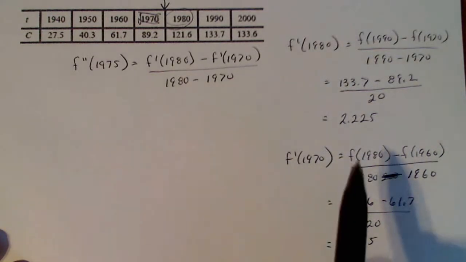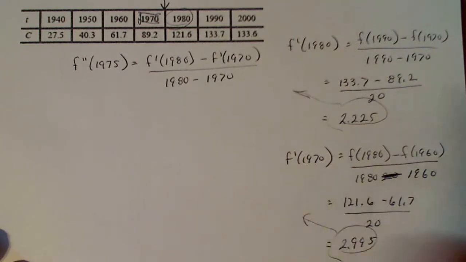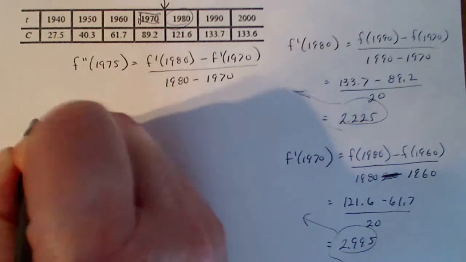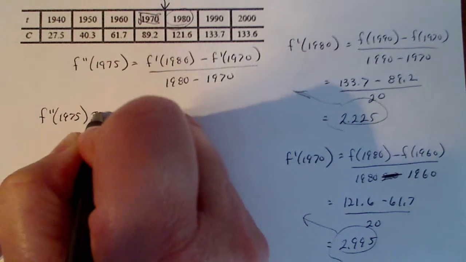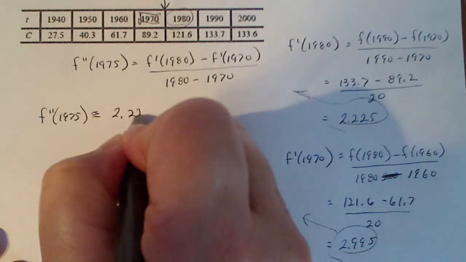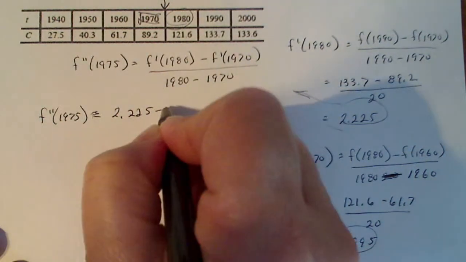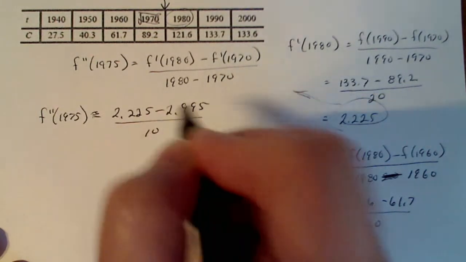All right, now I'm going to take these two numbers and return them back in here and see what I get. I'm going to approximate f double prime of 1975 using these two approximations. So for 1980 it is 2.225, for 1970 it is 2.995, divided by 10.